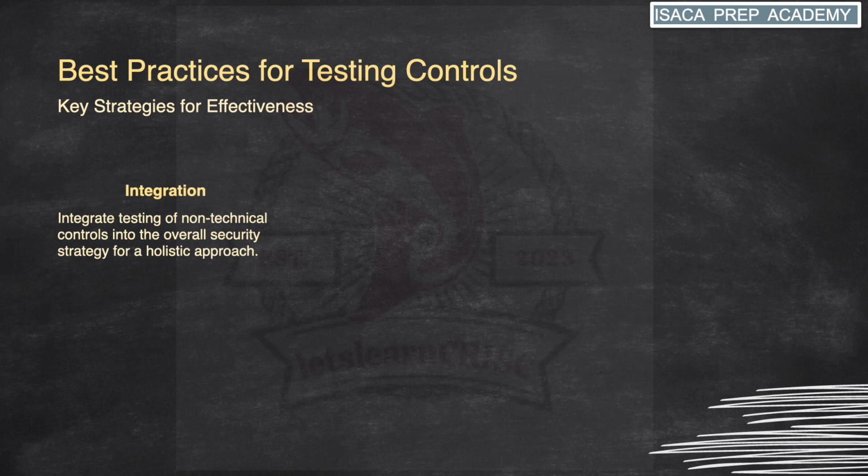Friends, by incorporating the testing of non-technical controls into the broader security strategy, organizations can ensure comprehensive protection against potential threats. And this testing involves evaluating the effectiveness of administrative policies, procedures, and training programs, as well as assessing the functionality and reliability of physical security measures like access control and surveillance systems.